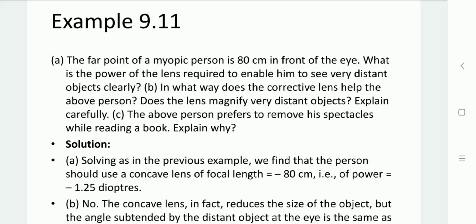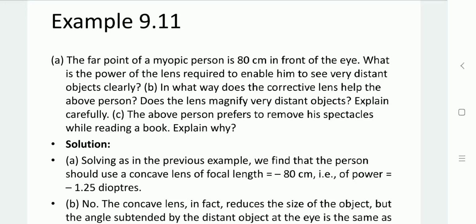Next, the above person prefers to remove the spectacles while reading a book. That myopic person has a normal near point of 25 centimeter. So while the person wants to read a book with the spectacles, the book can be kept at a distance greater than 25 centimeter, so that the image of the book by the concave lens is formed not closer than 25 centimeter.